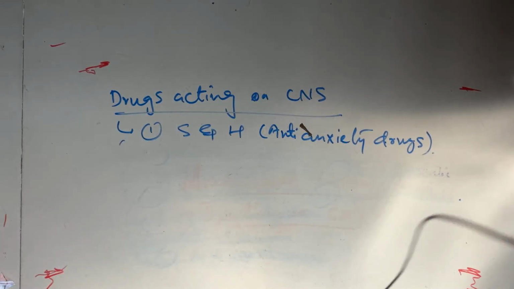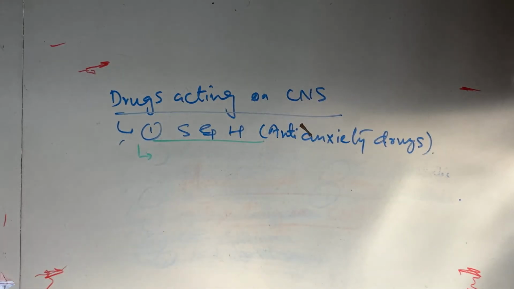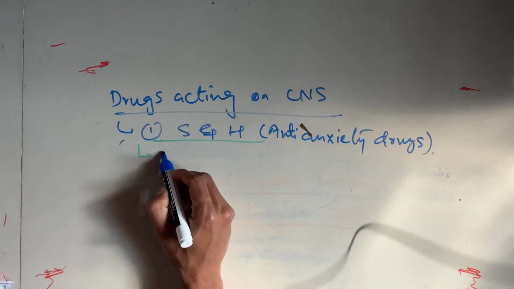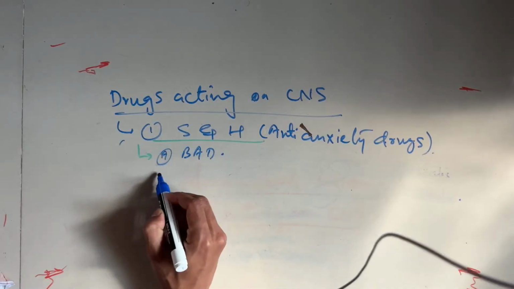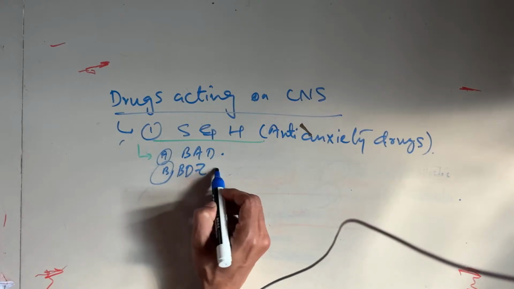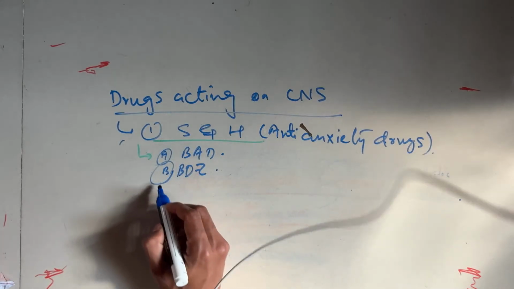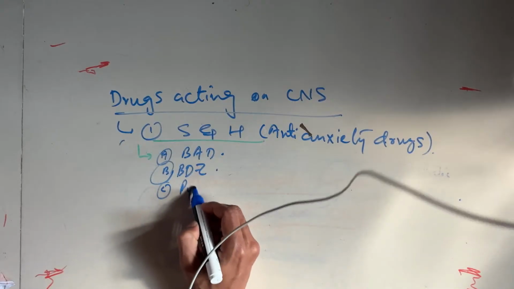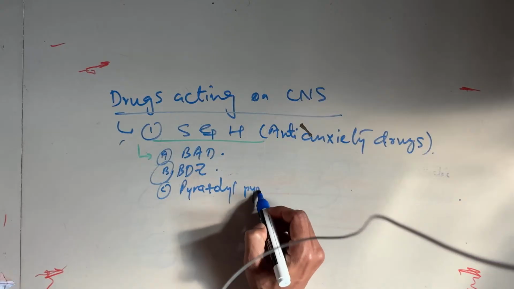So in sedatives and hypnotics you will see: number 1, barbituric acid derivative. Next, number 2, benzodiazepine, that is called BDZ, benzodiazepine and its derivatives. Then number 3, pyrazolyl pyrimidine.